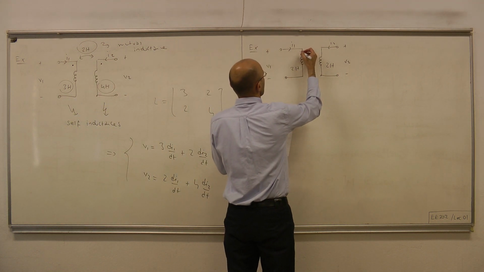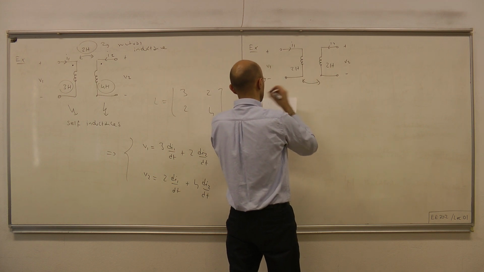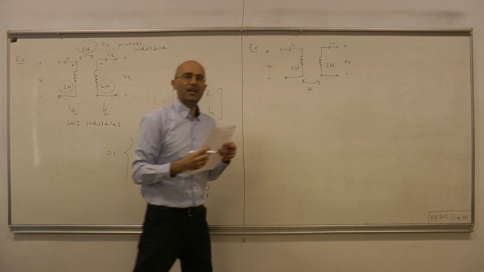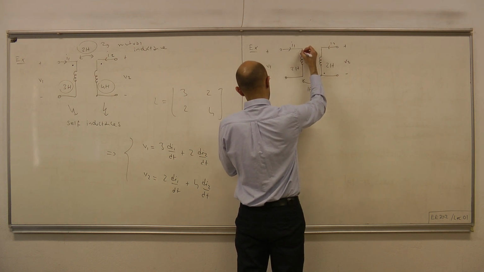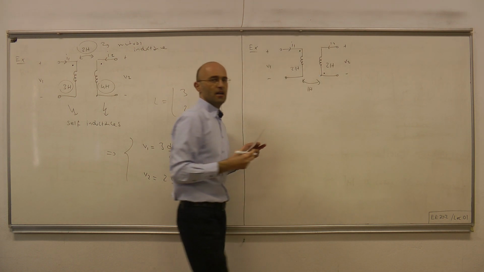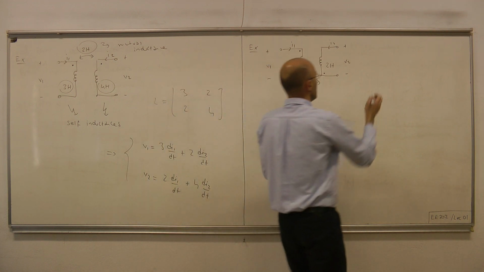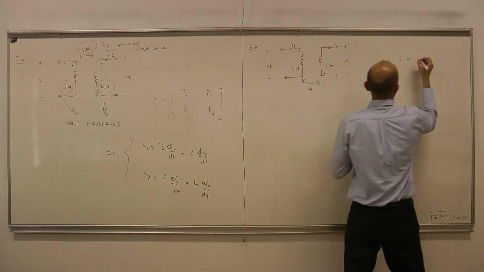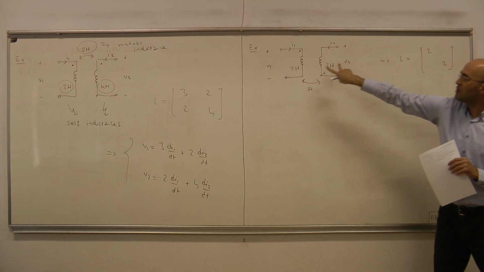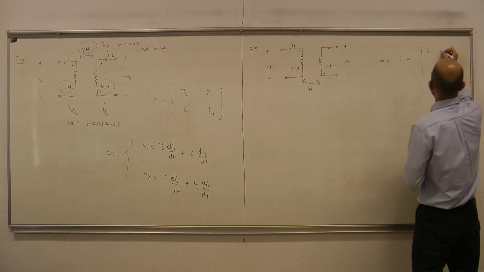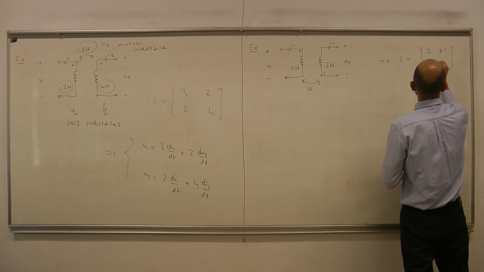And then we have mutual inductance given as 1 Henry with dots placed, one here, the other here. So that means the inductance matrix equals 2, 2, the self-inductances. Then here we have plus minus 1, plus minus 1.